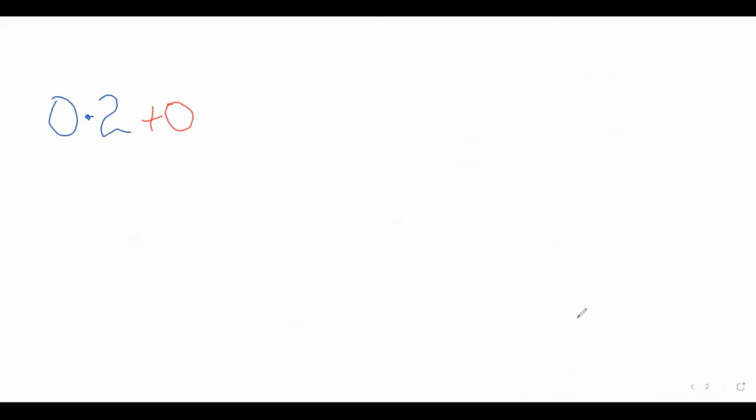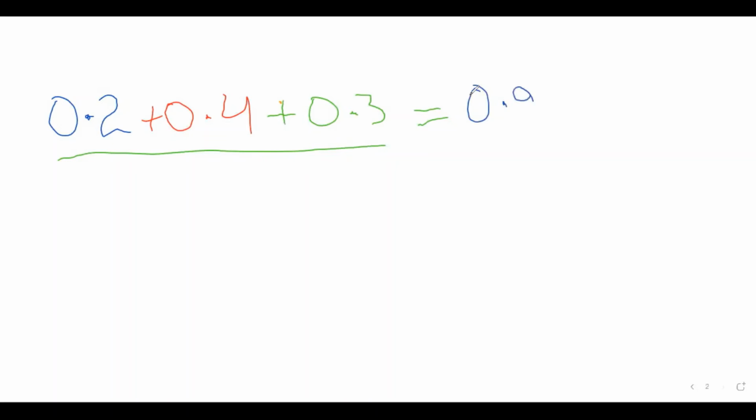Ibrahim? 0.4. And what was the probability of green? 0.3. Let's sum up these 3 probabilities, which is 0.9. If we include yellow in it, the probability will become 1, because we know that the probability of all the colors is 1.